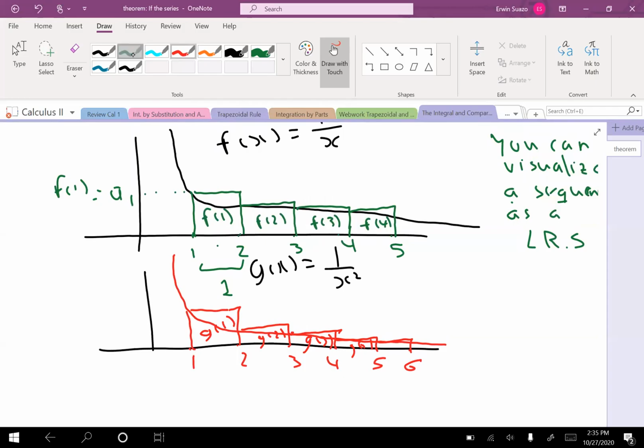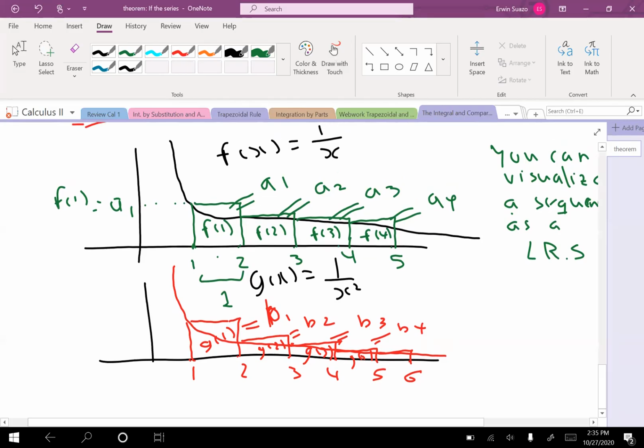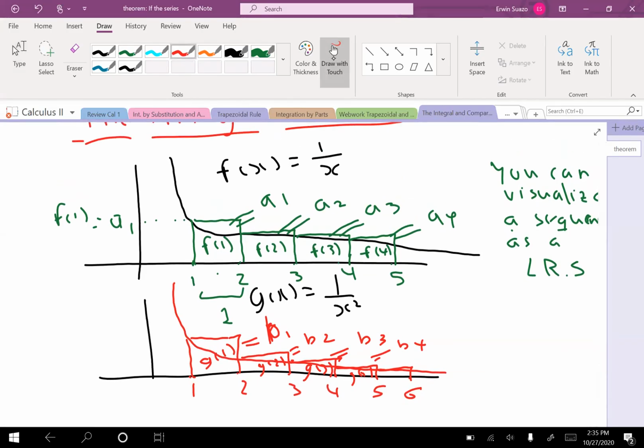But remember, f of 1 in my notation is A1. This is A2, this is A3, this is A4. So you see how useful this left Riemann sum has been for us. And this is, let's call it, B1, this is B2, this is B3, this is B4, and so on. So it turns out that the first one, 1 over x, this series is going to be divergent.